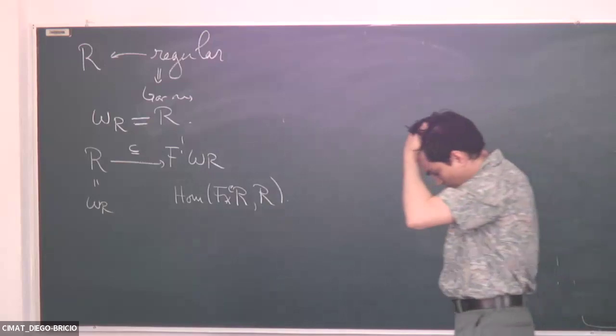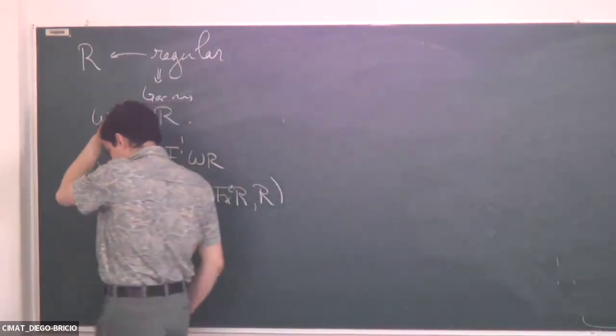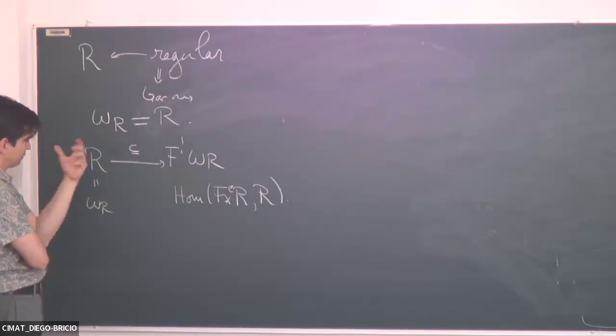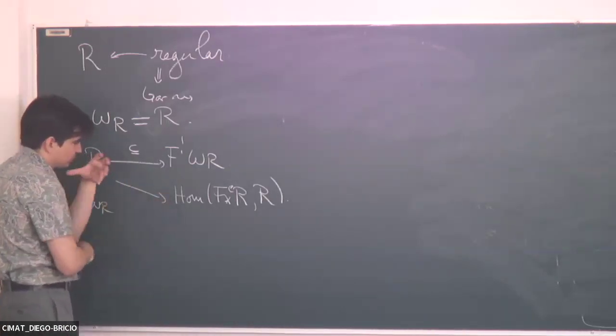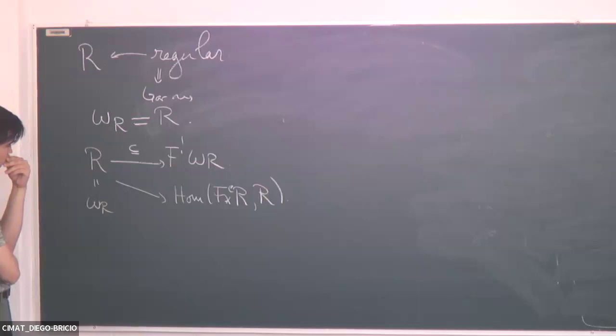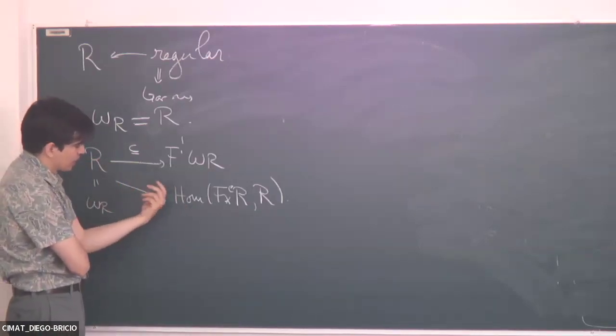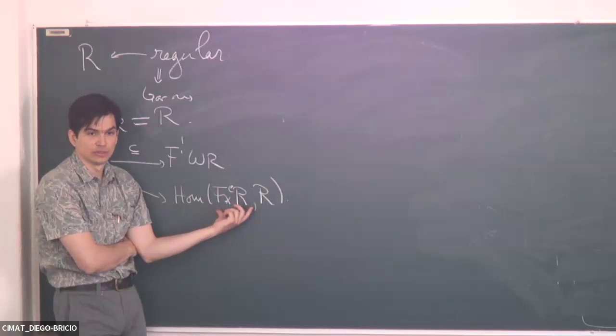So quite literally, this map that I have here is the choice of an element here.